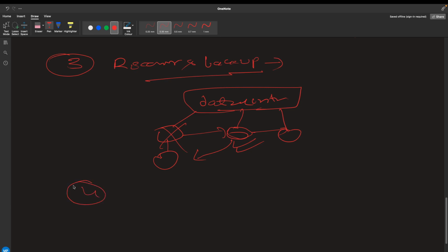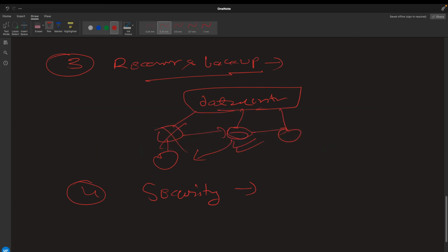The fourth is security. Security is also a good advantage of cloud computing, because your infrastructure is very secure. You just need to mention some rules.